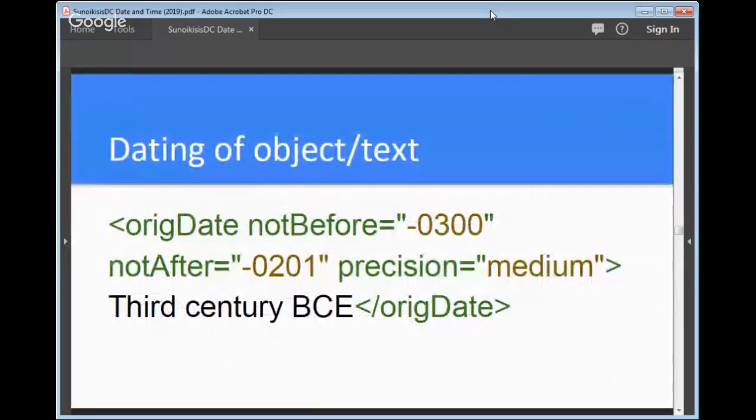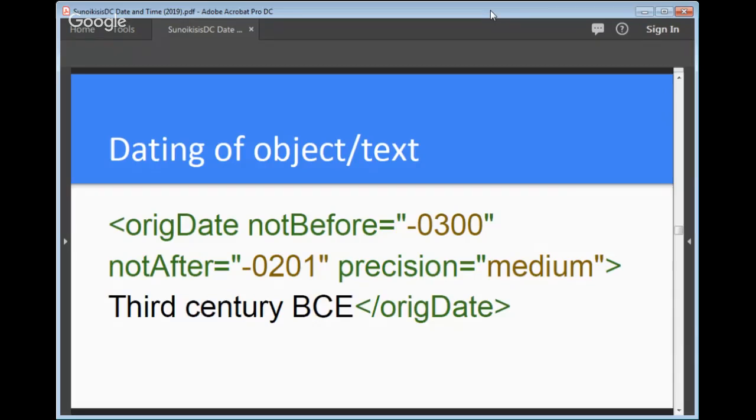So again, a few examples, just very quickly. If we want to be pedantic and we want to say the 3rd century BCE is sometime between minus 300, because it's a BCE date, and minus 201, and we want to say those are not real dates.